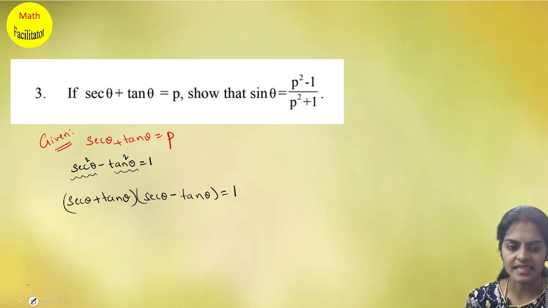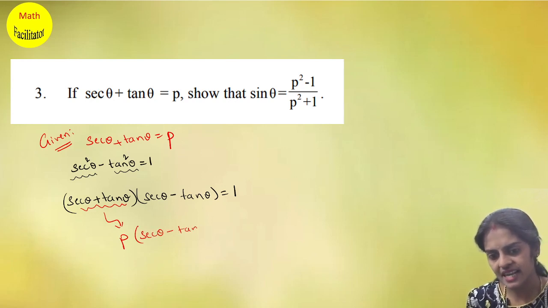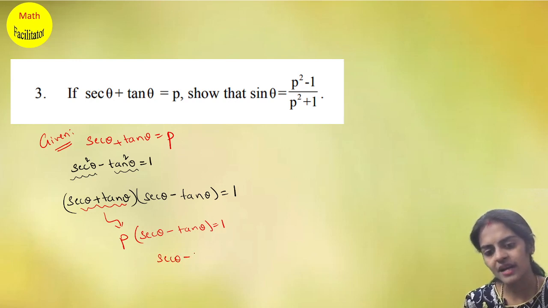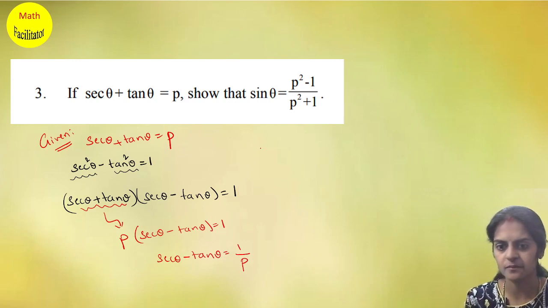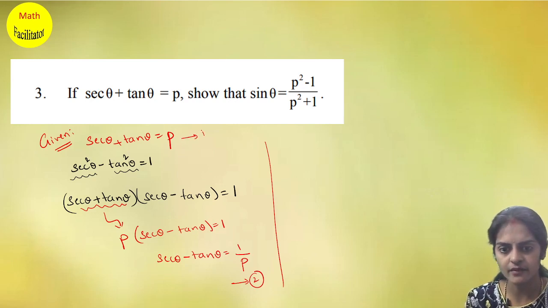If you clearly see now, I know secant theta plus tan theta value, which is P, into secant theta minus tan theta equals 1. Now, secant theta minus tan theta value is nothing but 1 by P, transposing P to the other side. So this is equation 2; let me take the earlier one as equation 1. Whenever this model is asked, this is the only method you can do.